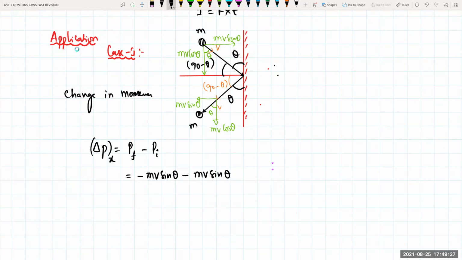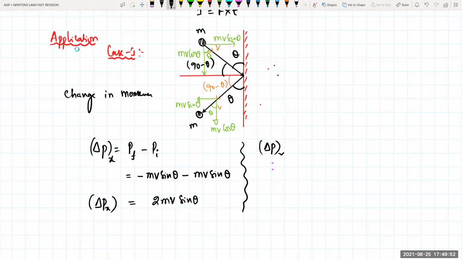So minus of minus, this will become plus, 2mv sin theta. That is the momentum along the x-axis.